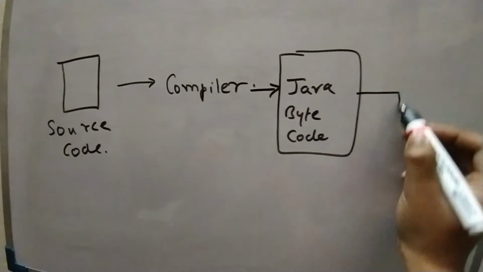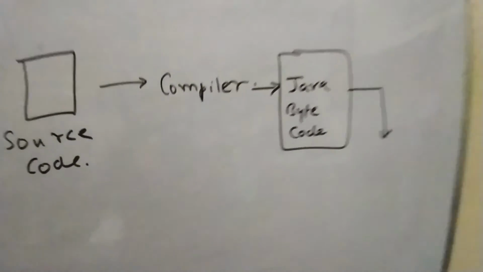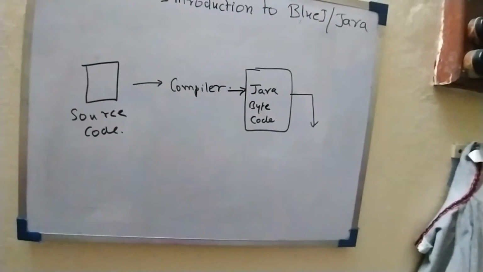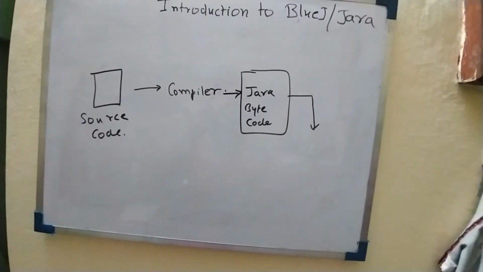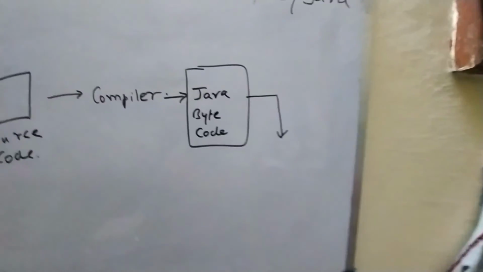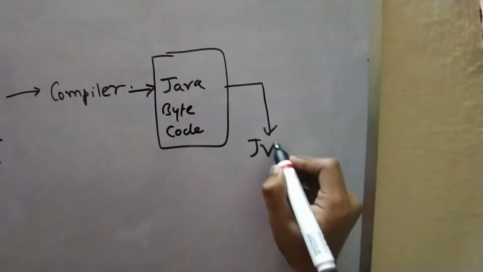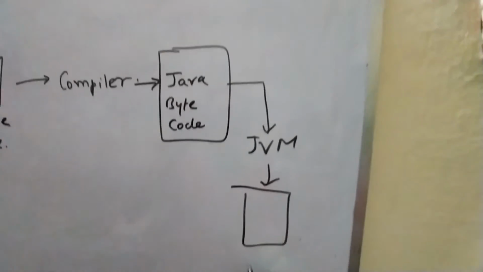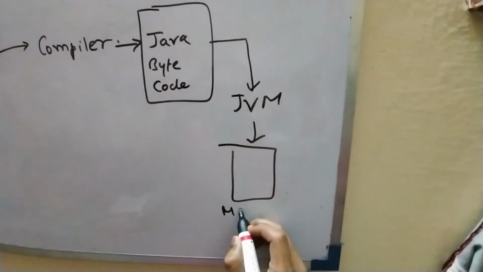This source code, compiler, Java byte code will be taken by the JVM, and the JVM will finally convert it into a machine language.